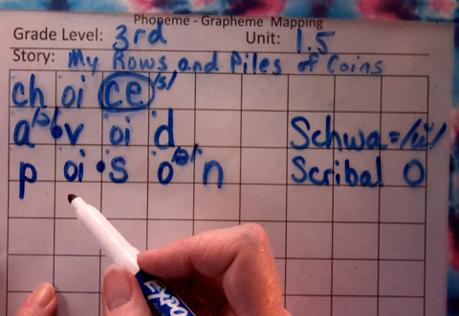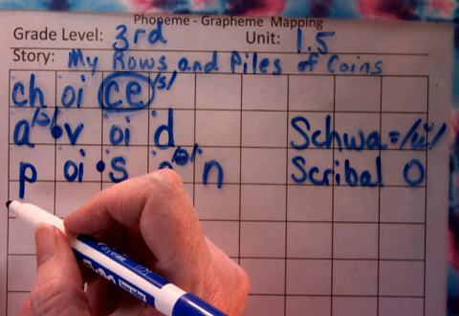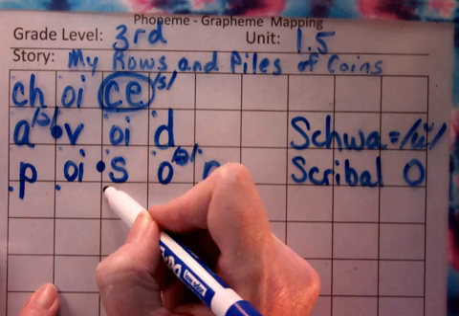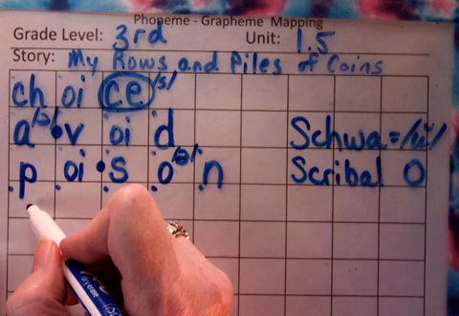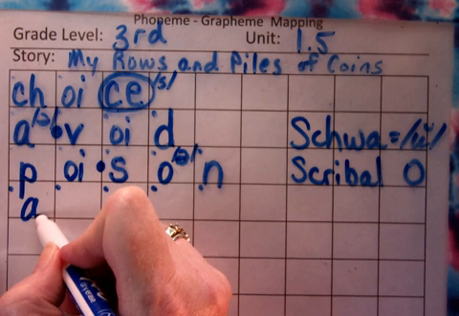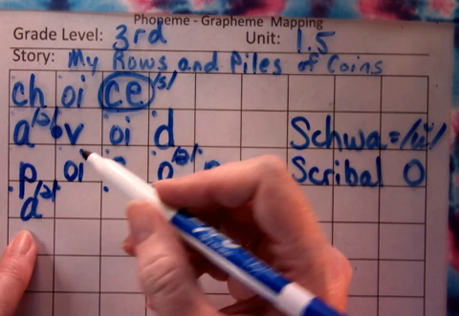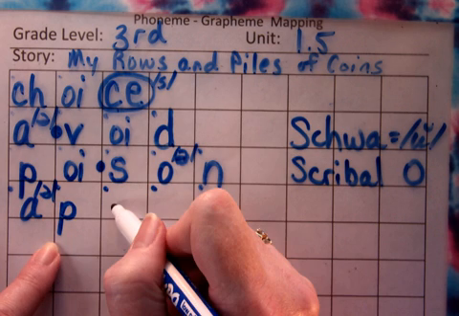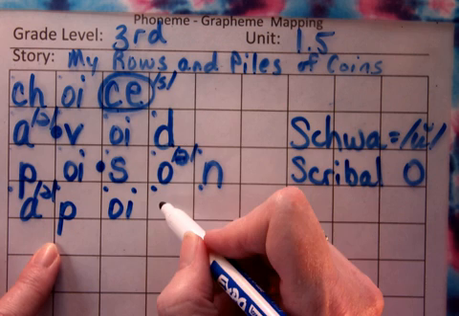The next word is appoint. Appoint. I will appoint a new judge. That's the schwa. With the unaccented vowel. P is the P. Oi is the O-I in the middle of a base word.